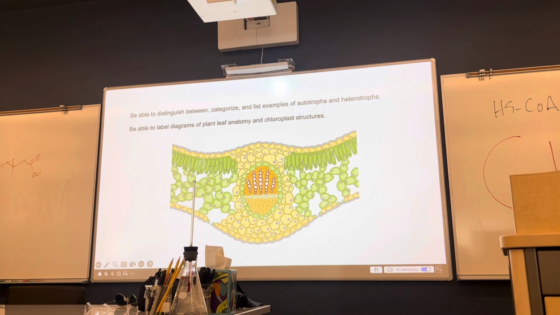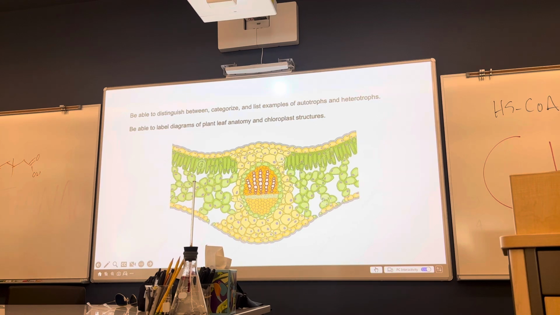So a chloroplast has how many membranes? It does, just like the mitochondria. And then inside the chloroplast, we have additional structures, which are called thylakoids. How many membranes does a thylakoid have? Just the one. Trick question.